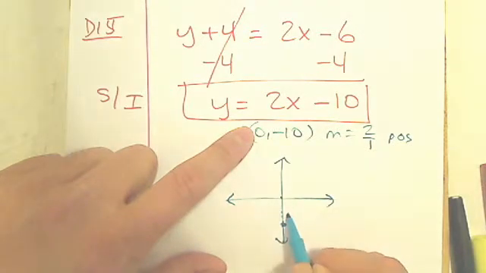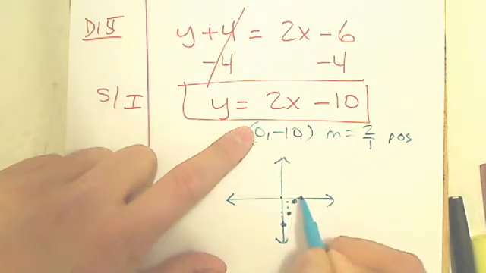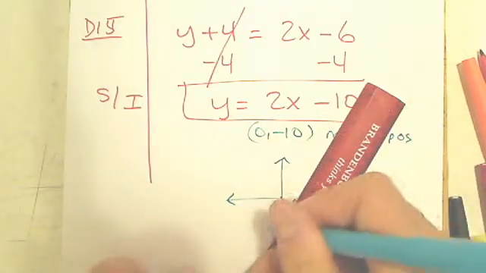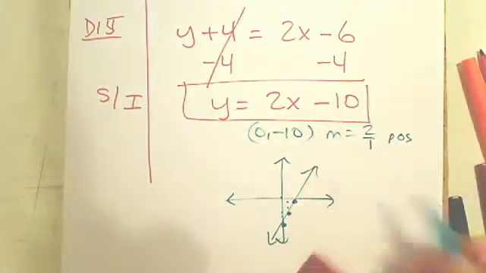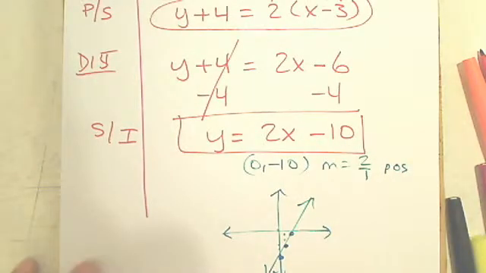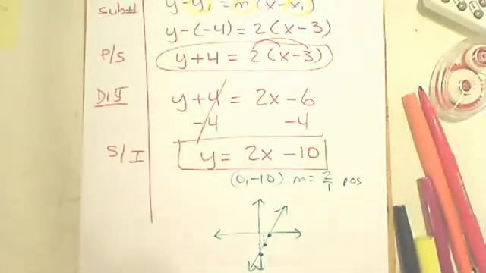Go up 2, to the right 1, and so on. You should get a positive line like that. Let me zoom out. Any questions on the steps?